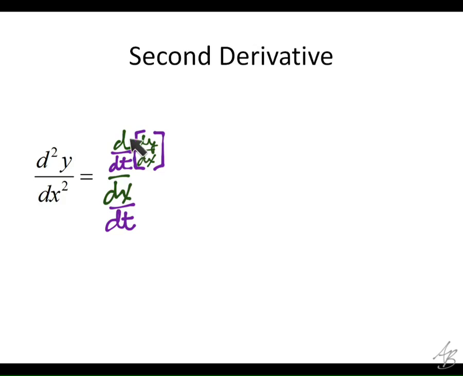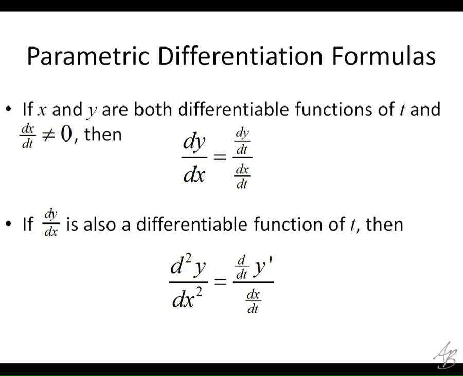So if we take the derivative with respect to time of dy/dx, that means that once we get dy/dx, which is in terms of time, we take the derivative of that with respect to time. Then we divide by dx/dt. That gives us this formula right here.